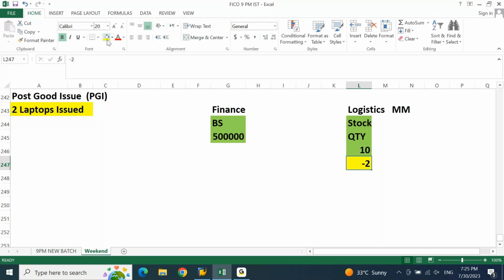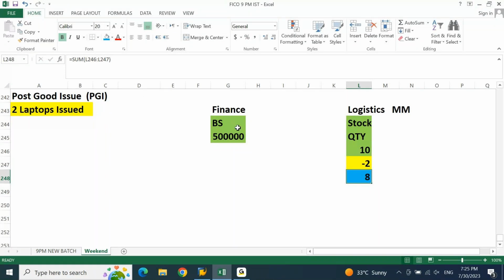Is this clear? Yes. From my material, I need to do a deduction of 2. Now my stock count will become 8. In the material side, my stock count is becoming 8. Is this clear? Yes.